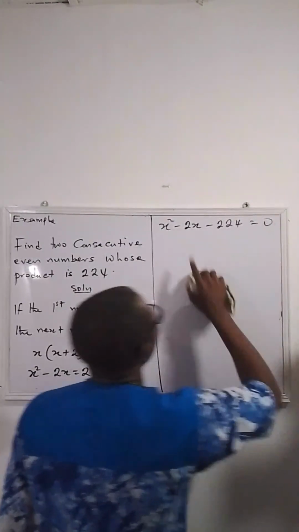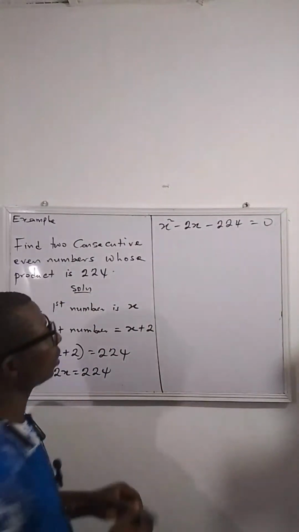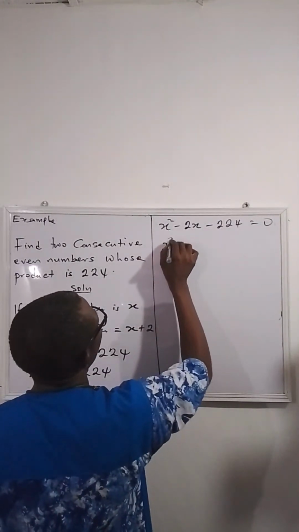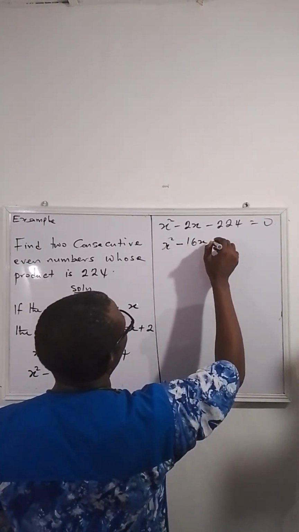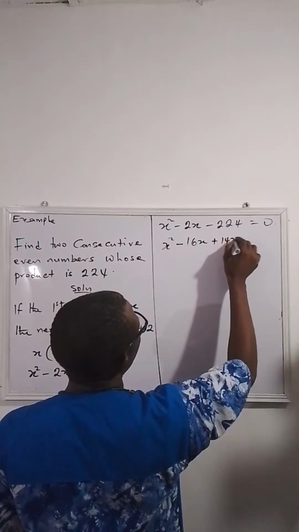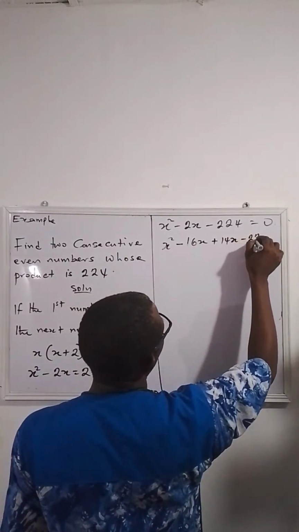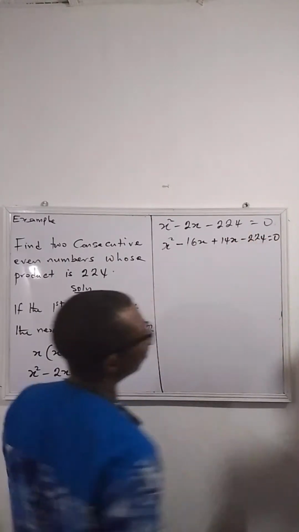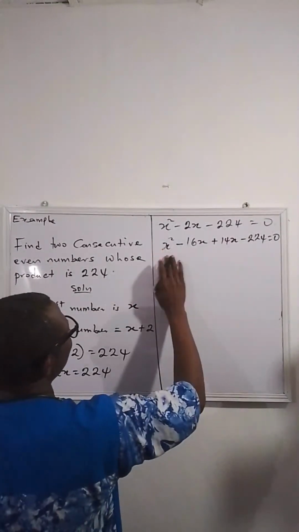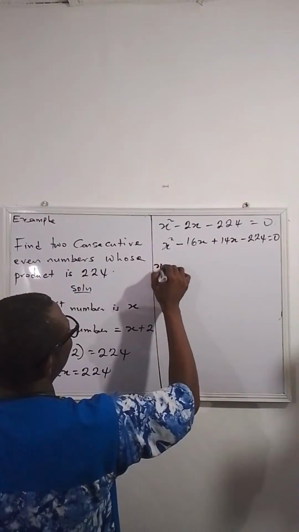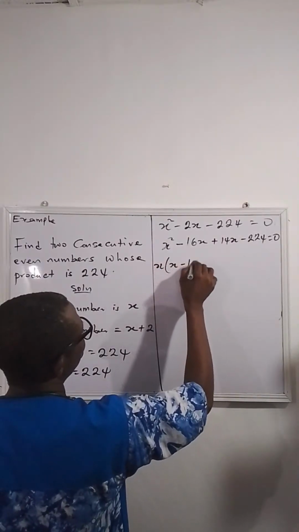Okay, so now this equation turns to x squared minus 16x plus 14x minus 224 equals 0. Now let's look for the common pattern. Now what is common? You have x common: x minus 16.